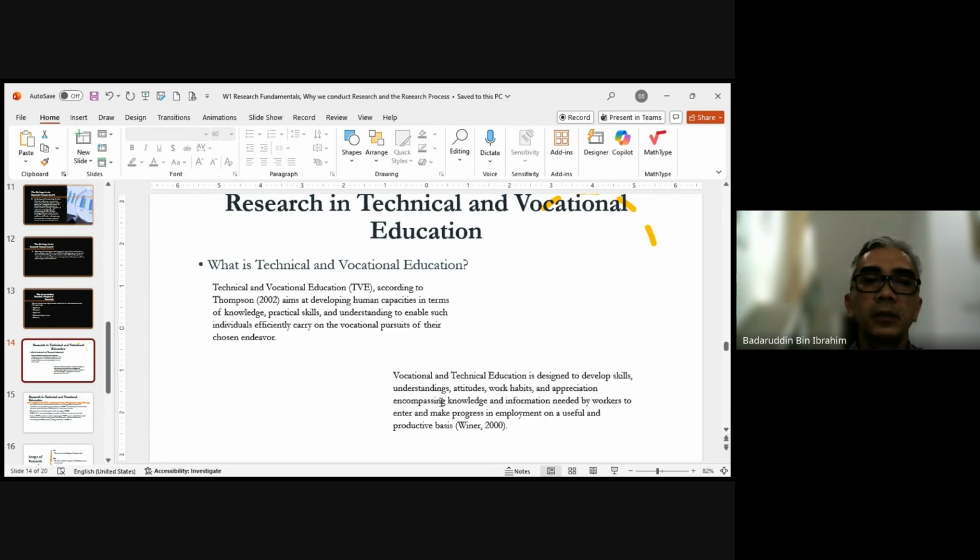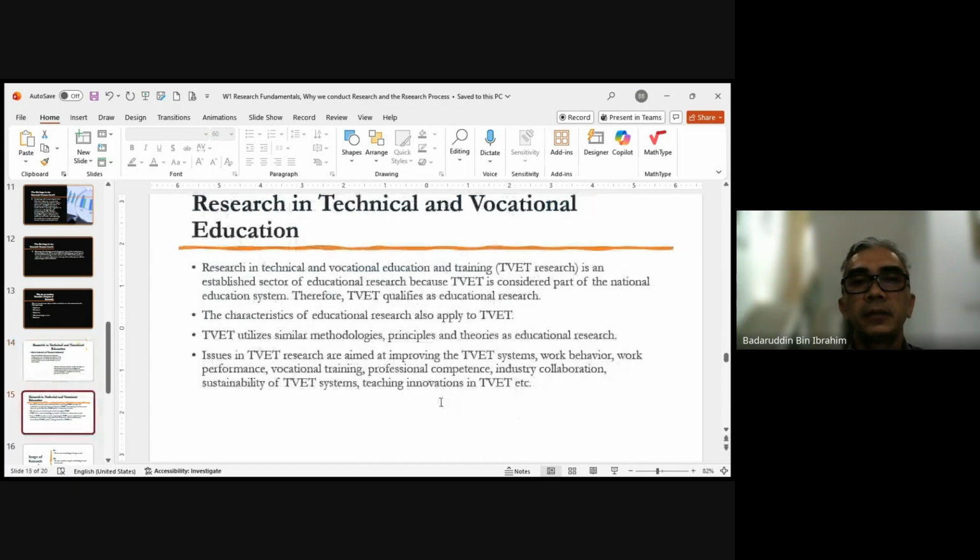So this is just a simple slide in terms of why we conduct research. Same as other social science approaches. As I mentioned earlier on, it's very repetitive, so I don't think I want to discuss it in detail. Maybe you can read through the slides.